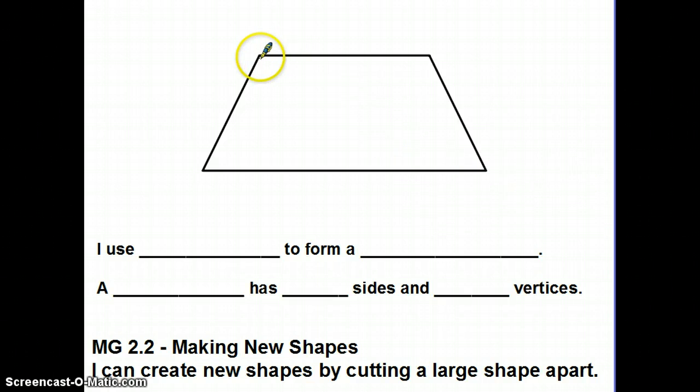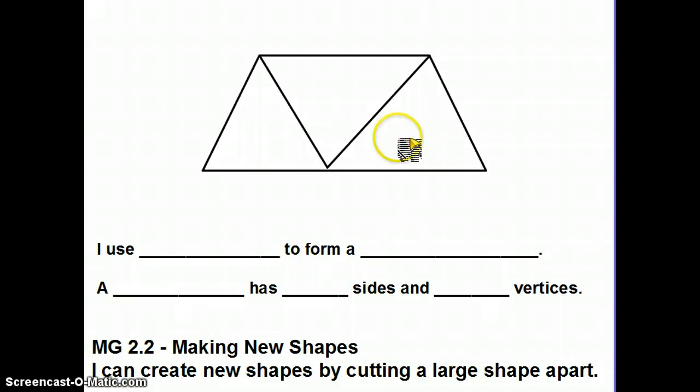I can do one line here. That will give me a triangle. I can form another line here that gives me 3 triangles together. So I'm going to use the center frame.